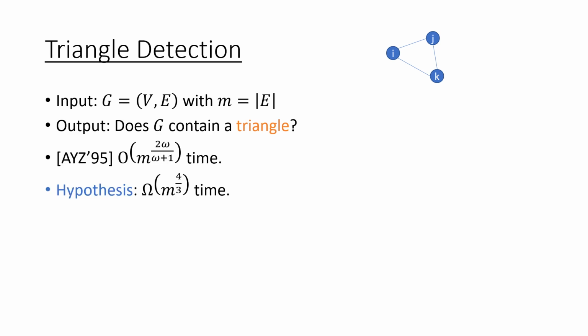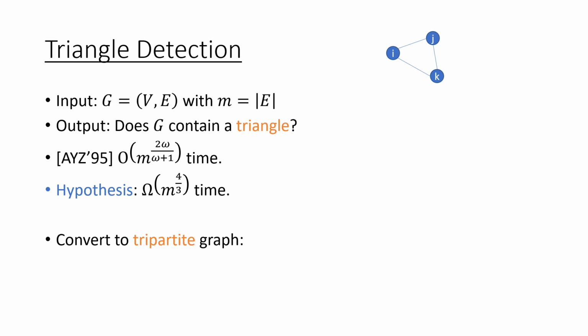Alon, Yuster and Zwick designed an algorithm whose runtime is order of m to the 2 omega over omega plus 1, which for omega equals 2 is exactly m to the 4 thirds. One of the popular hypotheses in the world of conditional lower bounds is that any algorithm for triangle detection must cost at least omega of m to the 4 thirds time.